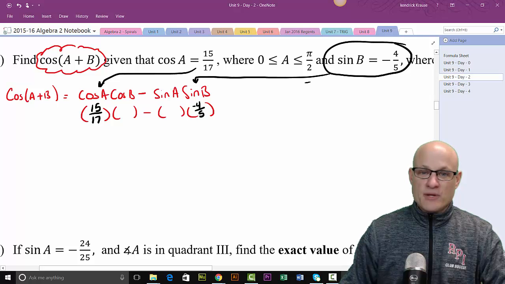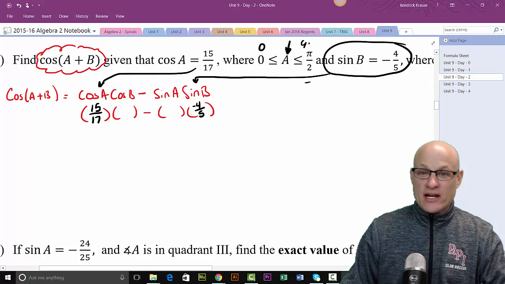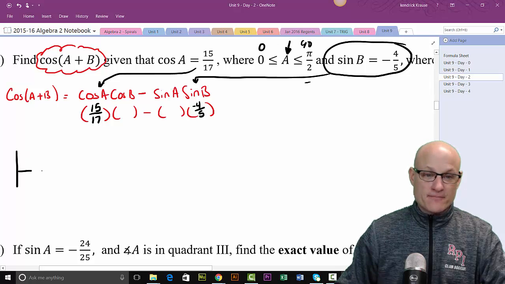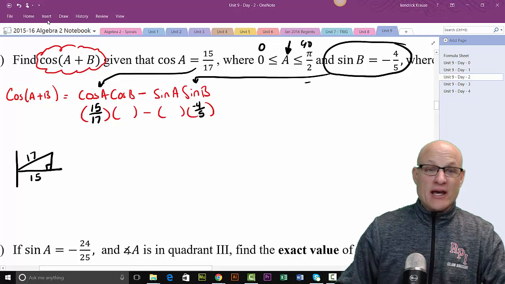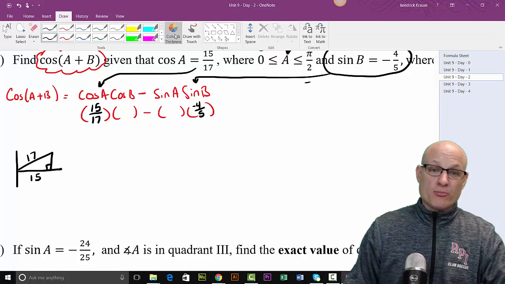So let's deal with this. Angle A is in quadrant 1. It's from 0 degrees to 90 degrees. So I know it's positive. And I was told that the cosine, which is adjacent over hypotenuse, is 15 over 17. And then for my sheer brilliance, I know that this is 8.